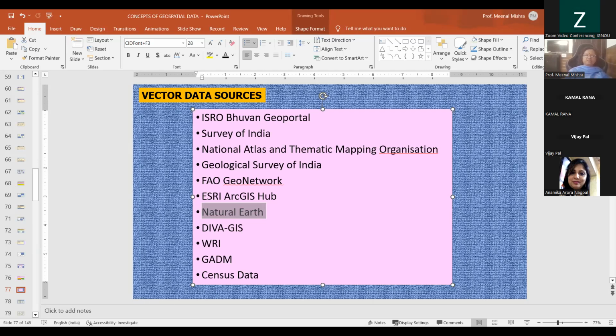Then other sources are also there, which I will not go into. But okay, DIVA-GIS. DIVA-GIS provides free spatial data for the whole world, either on the DIVA-GIS platform or other platforms. It is a free computer program for mapping and geographic analysis.